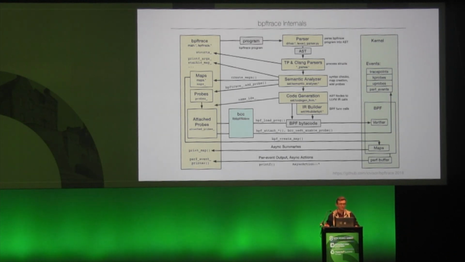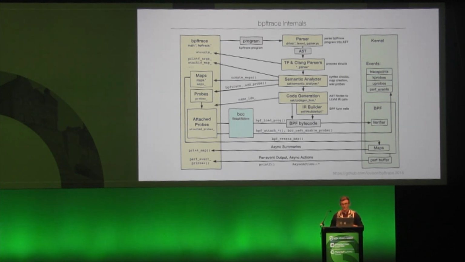Printf statements, for example, just pump strings through there to the BPFtrace process, which then outputs them to the user. There are also a few other asynchronous actions, like the system built-in to execute arbitrary shell commands, and the exit built-in just to terminate your BPFtrace session.